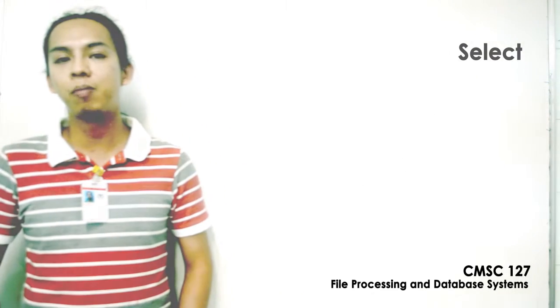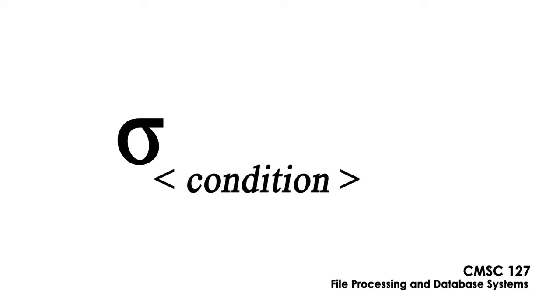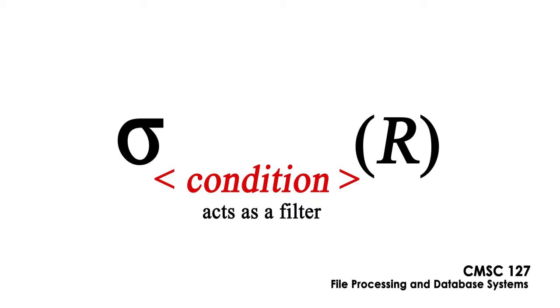The select operation symbol, represented by sigma, followed by a condition or list of conditions, followed by the relation, say for example, R. The condition or list of conditions help us filter which particular row or tuple are to be included in the resulting table.